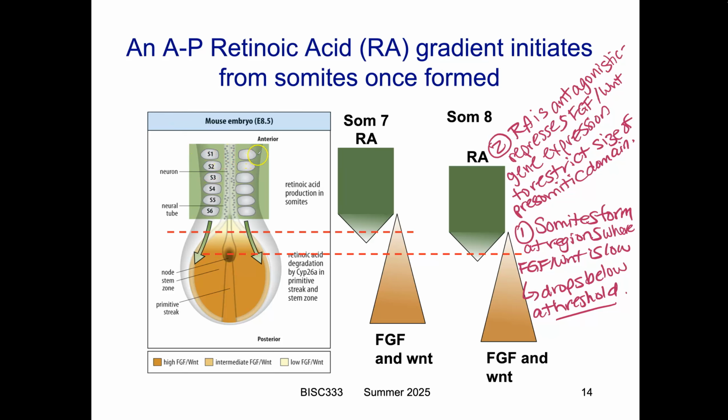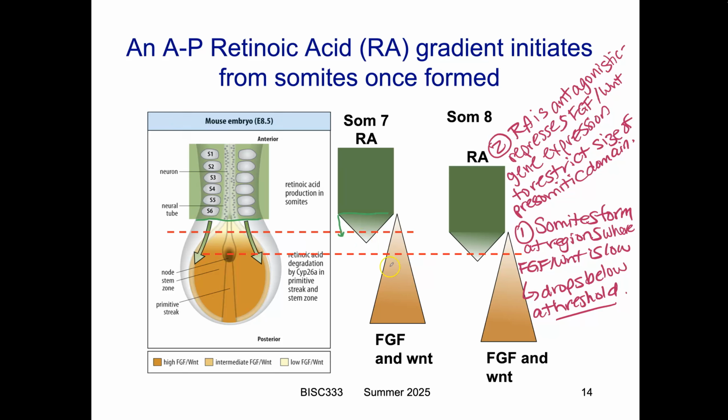So basically, the somites are a source of retinoic acid. And again, just like any diffusible signal, it's going to decrease as you move away. So the last pair of somites is the last place where you have high levels, and then the signal degrades as you move away. There's less and less of it, because it can only diffuse so far.